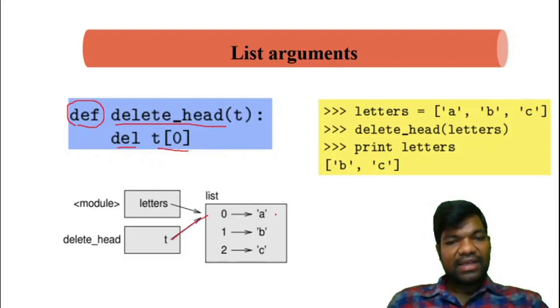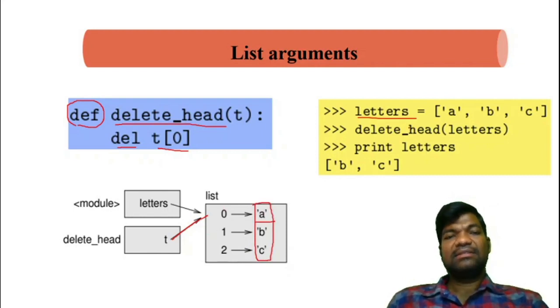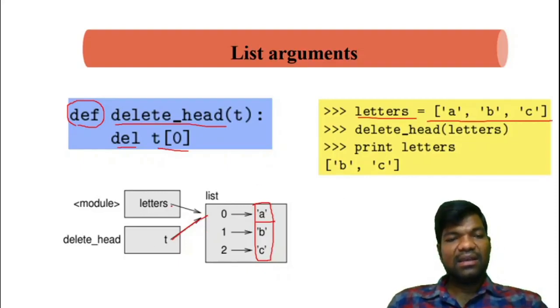What is T of 0 here? If the list is ABC, T of 0 is A. Now letters is ABC, that is the list. T is ABC, letters is also ABC.